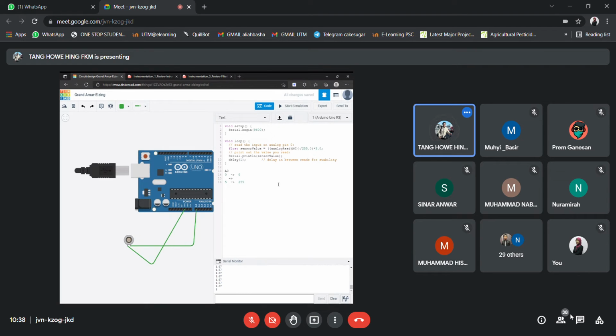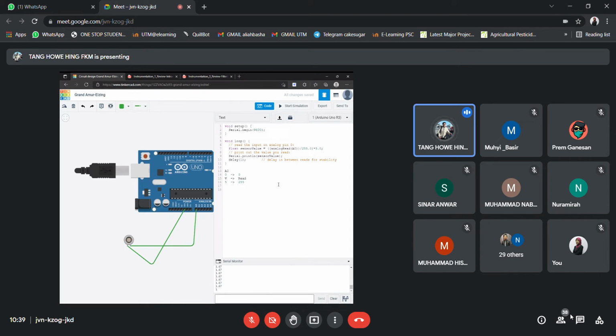So let's say over here, I receive a reading from the Arduino Uno, and therefore how am I going to relate these readings to the voltage? That's a very simple linear interpolation, right?